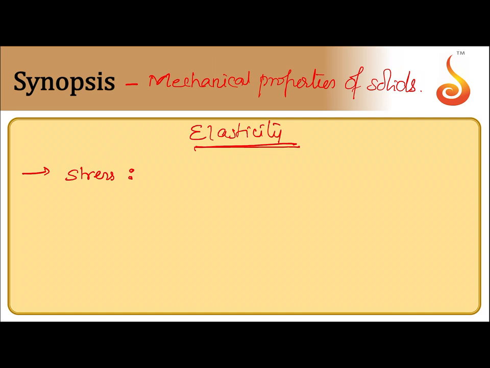This internal restoring force is interpreted in terms of stress. This stress is the ratio of internal restoring force, which is developed inside the object or material, divided by area of cross section.